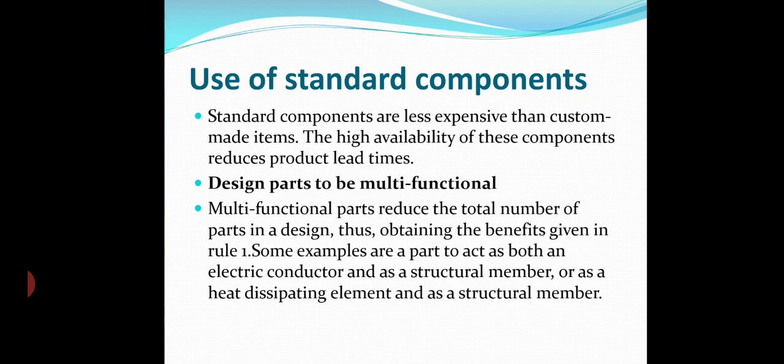Some examples are a part that acts as both an electrical conductor and a structural member, or a heat dissipating element and a structural member. So whenever you are making a product and choosing material, choose multifunctional parts. So your part must serve multiple functions.